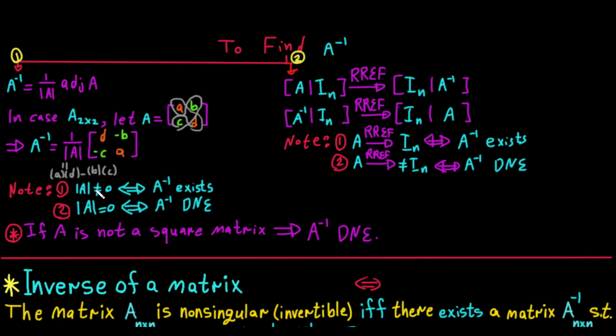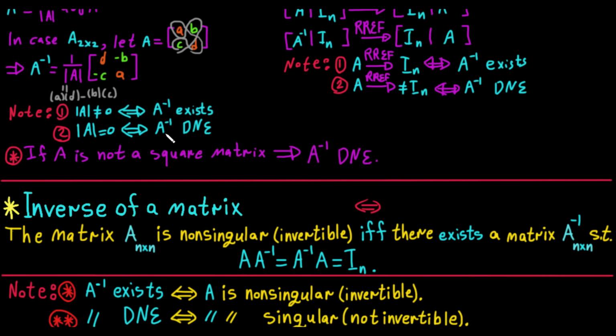If the determinant is not equal to 0, then A inverse exists. If the determinant of A equals 0, then A inverse does not exist. So we will start with this one. The determinant of A is A multiplied by D minus B multiplied by C.